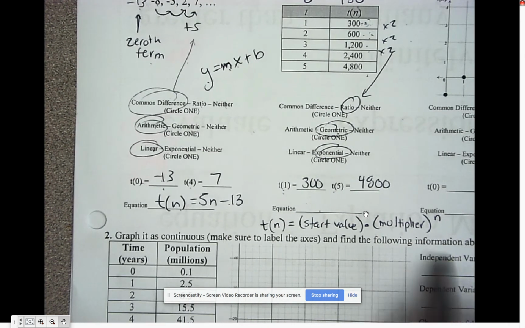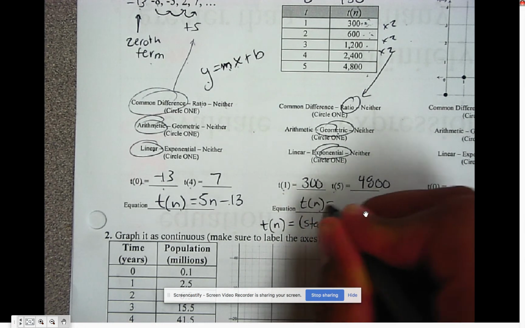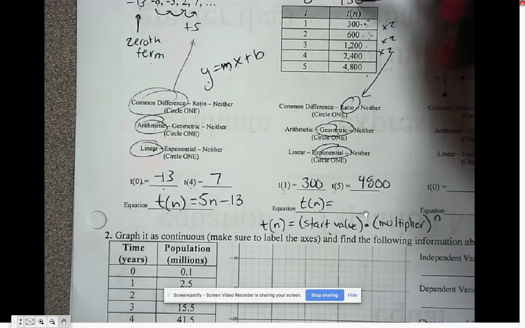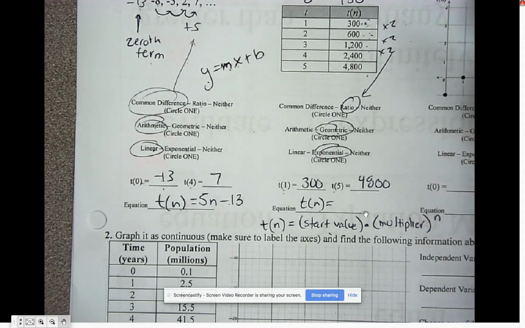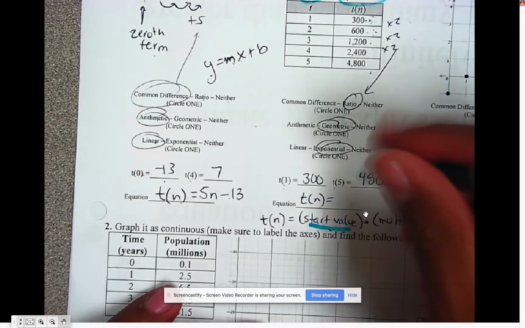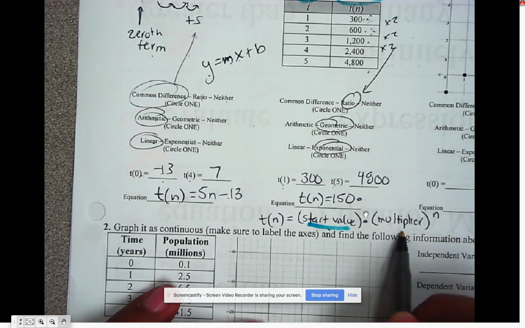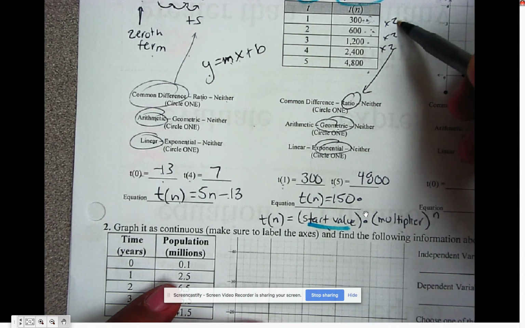That's how you write it out. So I'm going to write t of n equals the start value, which is your 0th term. Remember that start value is that value there, your 0th term. In this case, 150, times the multiplier, which is 1/2.